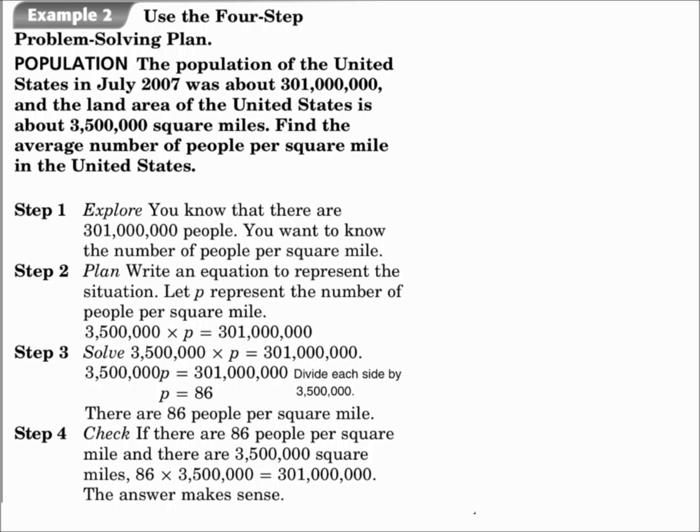So there are 86 people per square mile. Then check. If there are 86 people per square mile, and there are 3,500,000 square miles, then 86 times 3,500,000 should equal 301 million. So the answer makes sense.